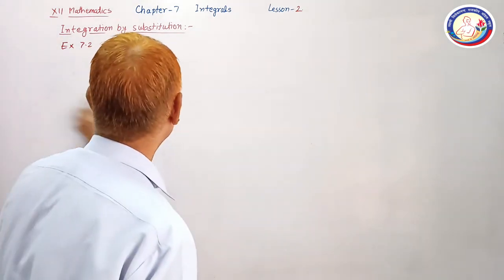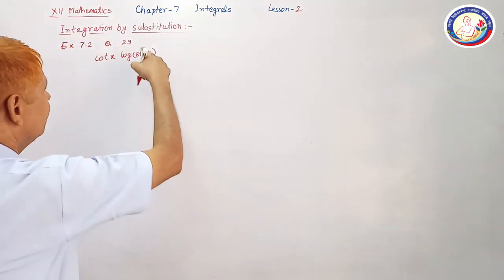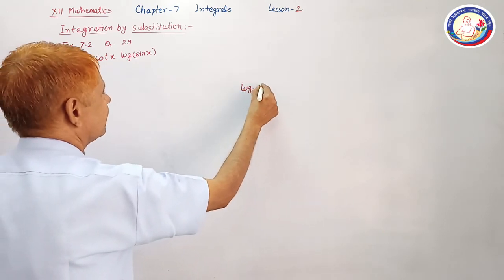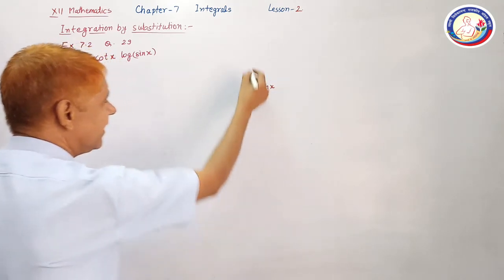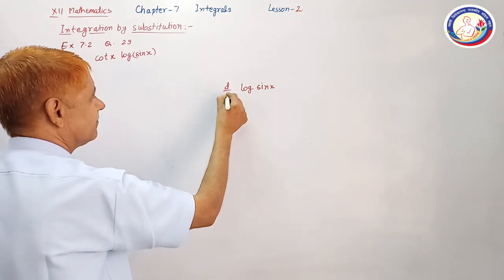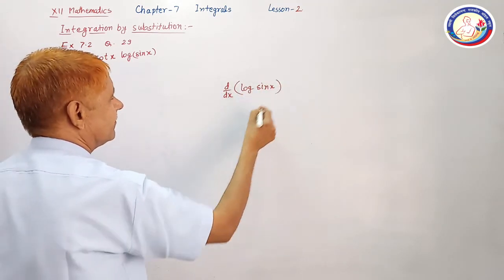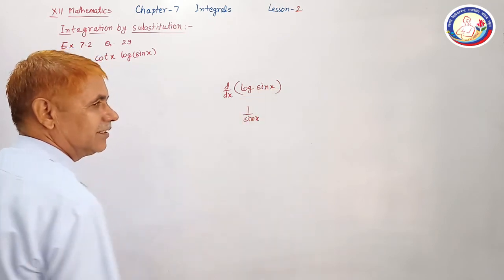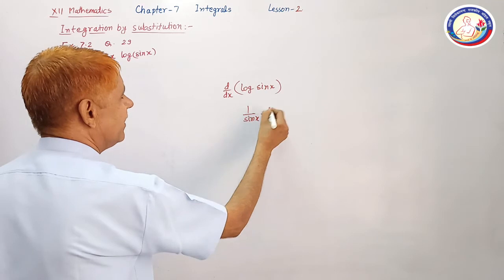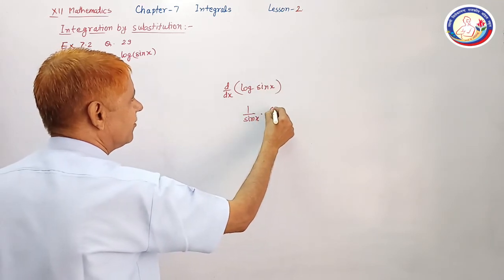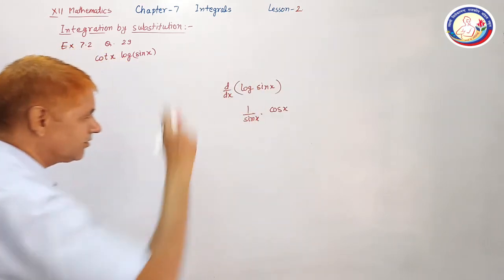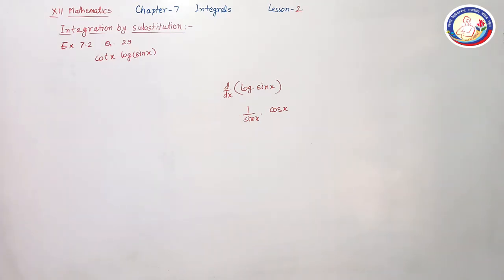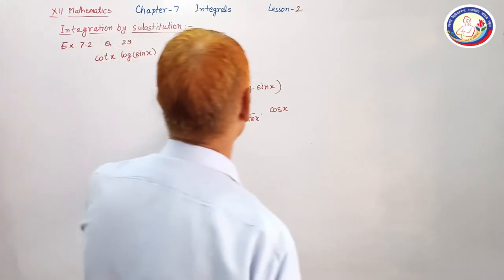Now march towards the second function, log of sin x. If we differentiate it with respect to x, here we will have 1 upon sin x for log of sin x with respect to sin x, and then sin x with respect to x, it will be cos x. And what is cos x upon sin x? It is cot x. So our substitution will be for log of sin x.